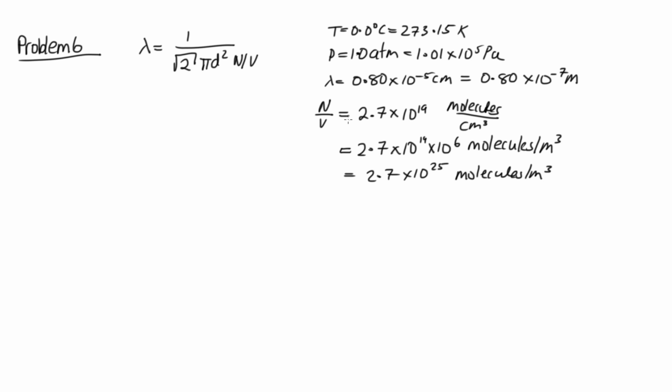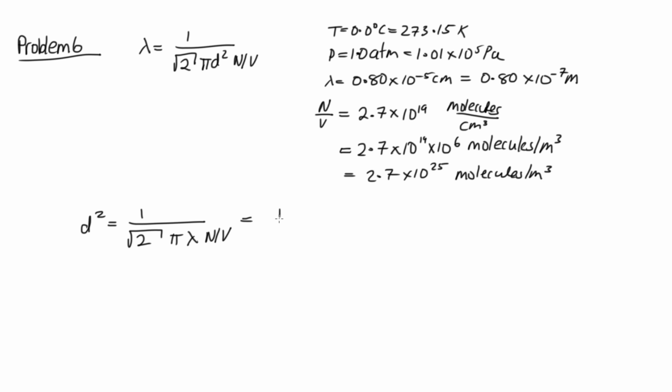Okay, now what we're trying to find is the diameter of the molecules. So we can rearrange this, and we've got that the diameter squared is equal to 1 over the square root of 2 pi times lambda N on V. And so it turns out that we don't actually need to know the temperature and the pressure, because we don't need to calculate this V. We've already got N on V here and lambda.